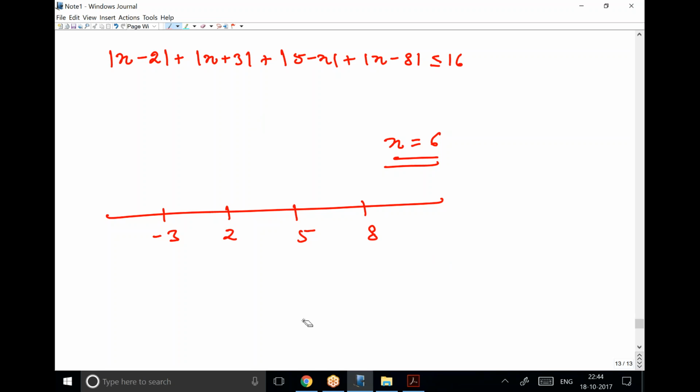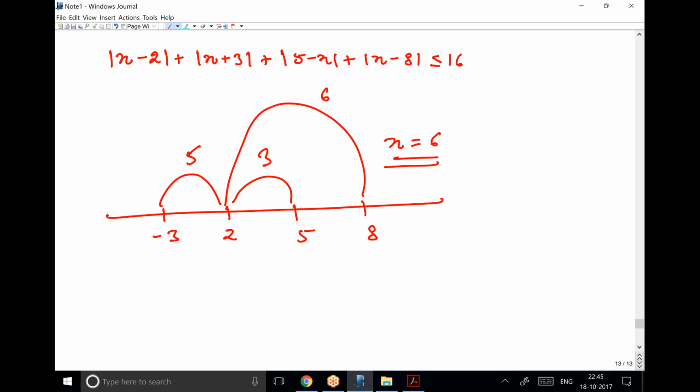If you look at 2, from here to here, this comes out to be 5, this comes out to be 3, and this comes out to be 6.